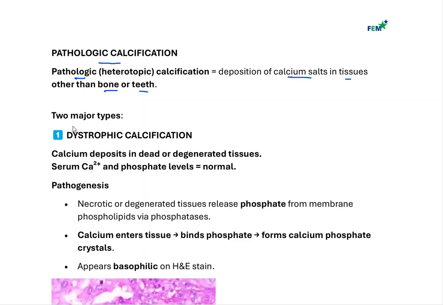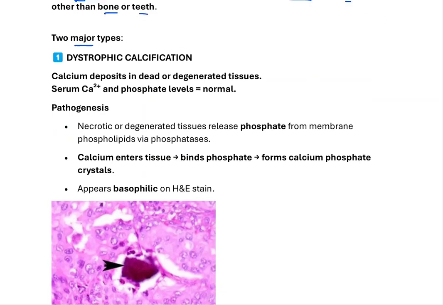So what are the two major types of pathologic calcification? We have dystrophic calcification and metastatic calcification. We're going to start with dystrophic calcification. This is when calcium deposits in dead, degenerated tissue or necrotic tissue.